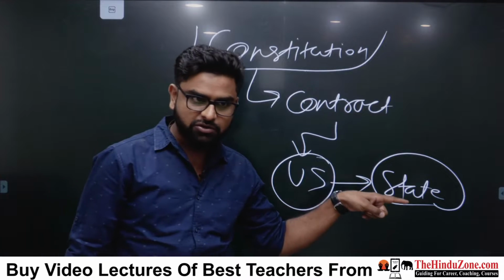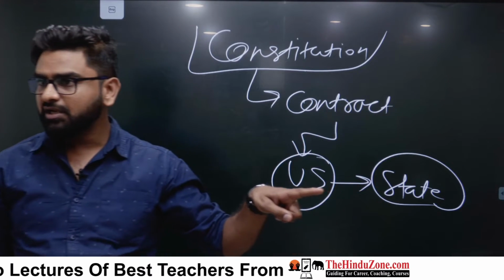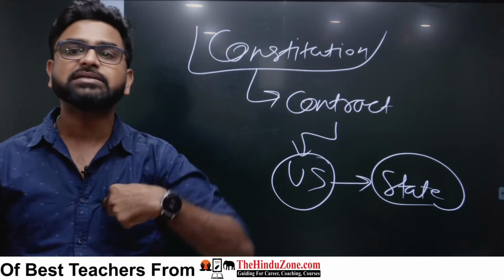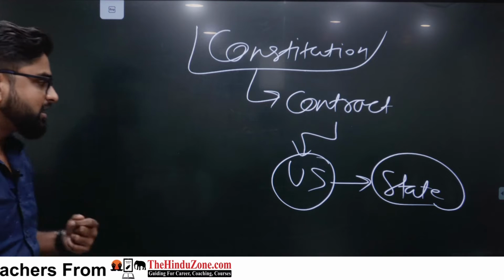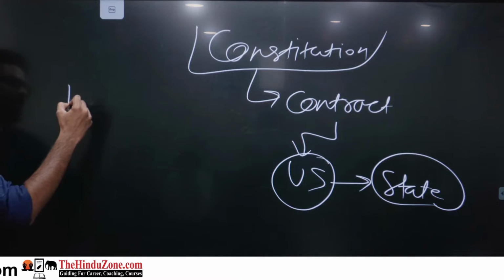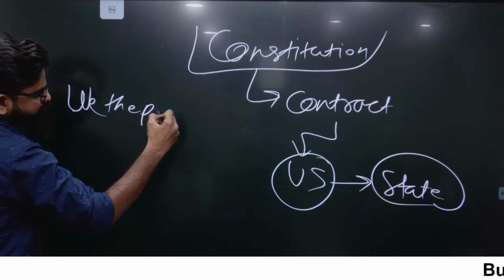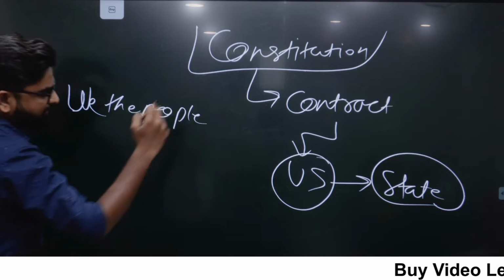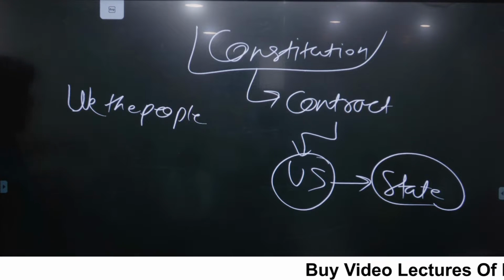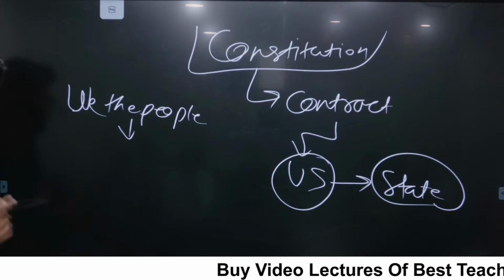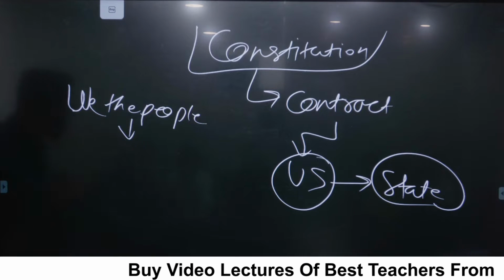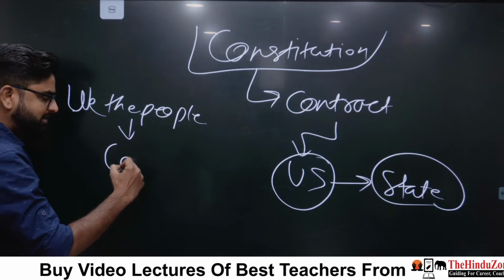Everything is established by the Constitution: executive, legislature, judiciary, and the Constitution is made by us, the people. So the hierarchy, if you look, basically we the people are at the top. We the people chose a few people to form something called the Constituent Assembly.